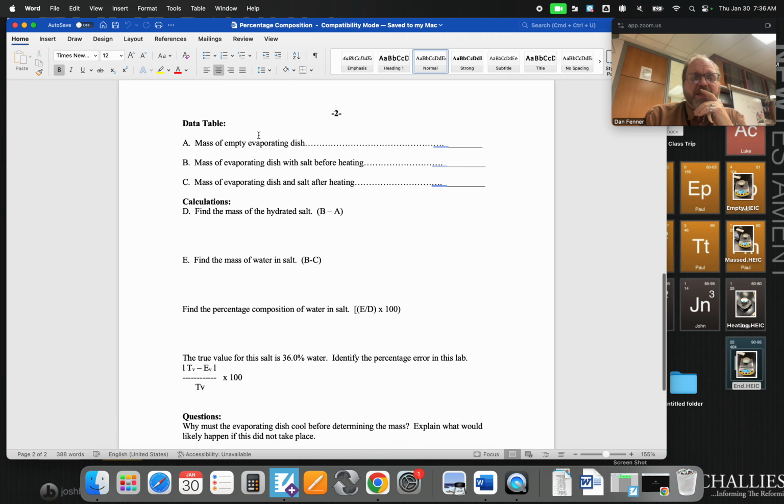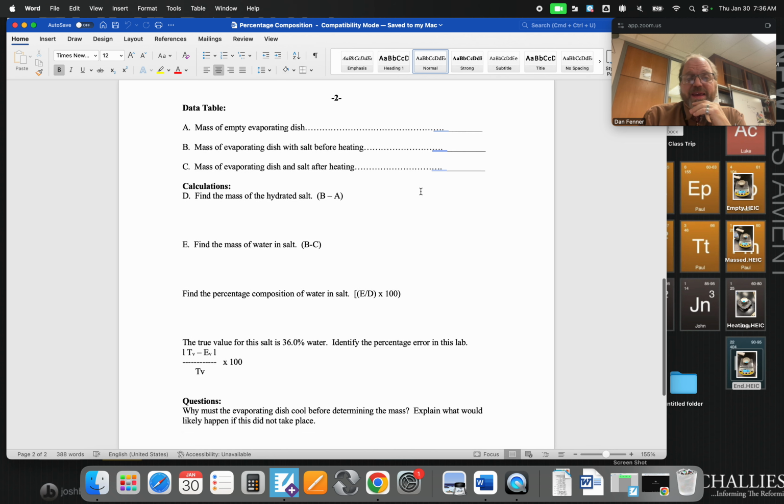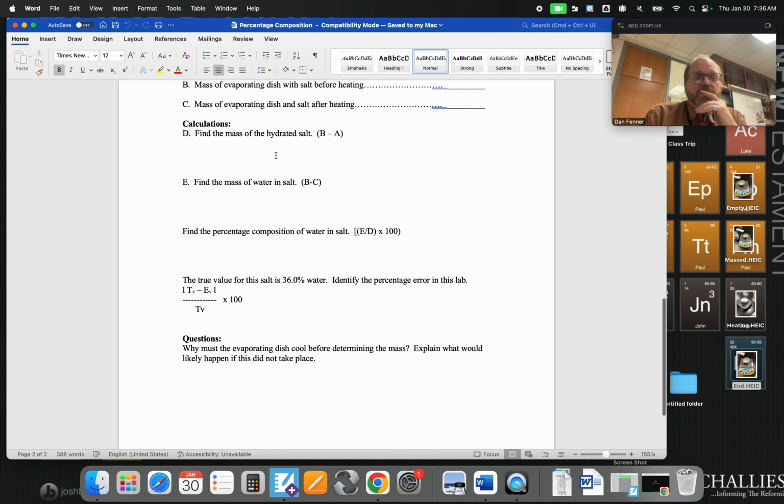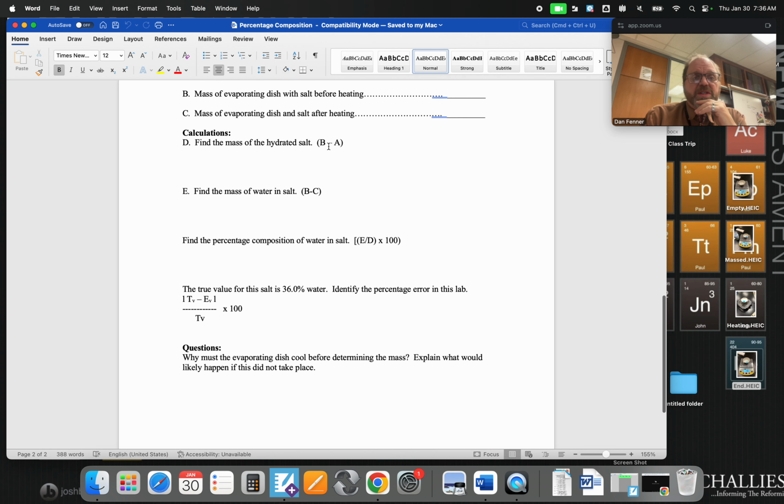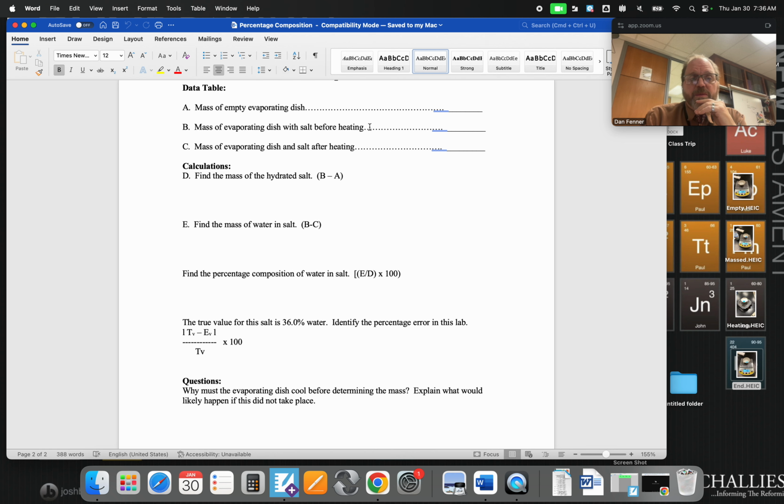We're going to take the mass of an empty evaporating dish, the mass of it before heating, and the mass of it after heating, then do the calculations. We're going to find the mass of hydrated salt. So we take the mass of the salt before heating and the empty dish, and that gives me how much of that was the salt.